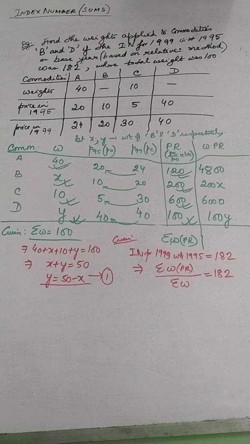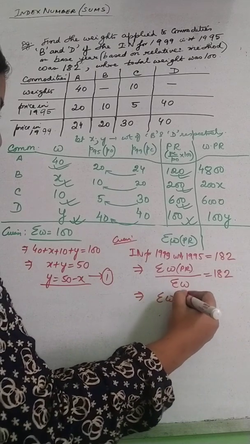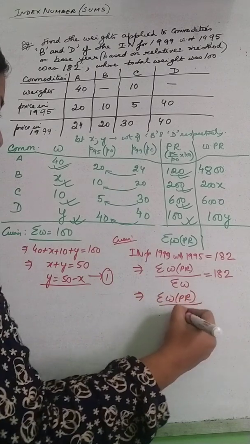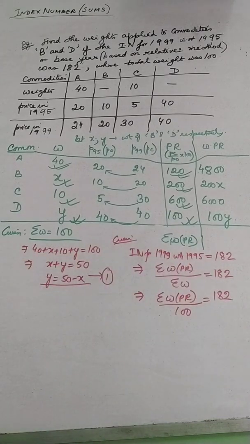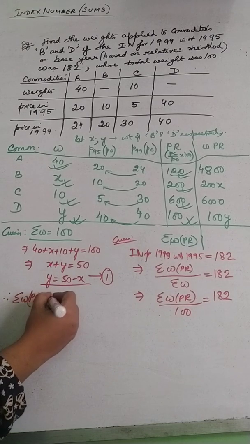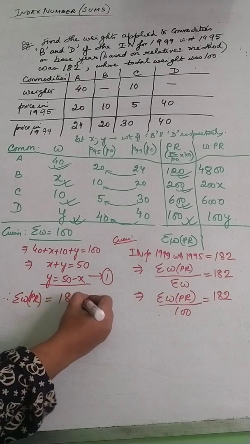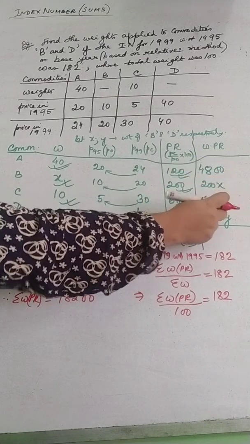So we use this grouping formula. In other words, summation of WPR by 100, since summation W is 100, is 182. Therefore, summation W into PR is 18200.